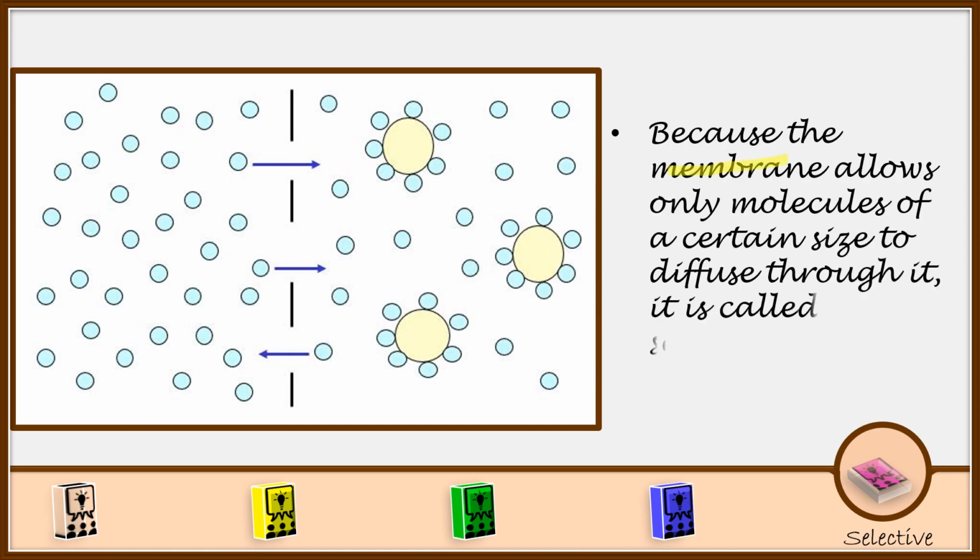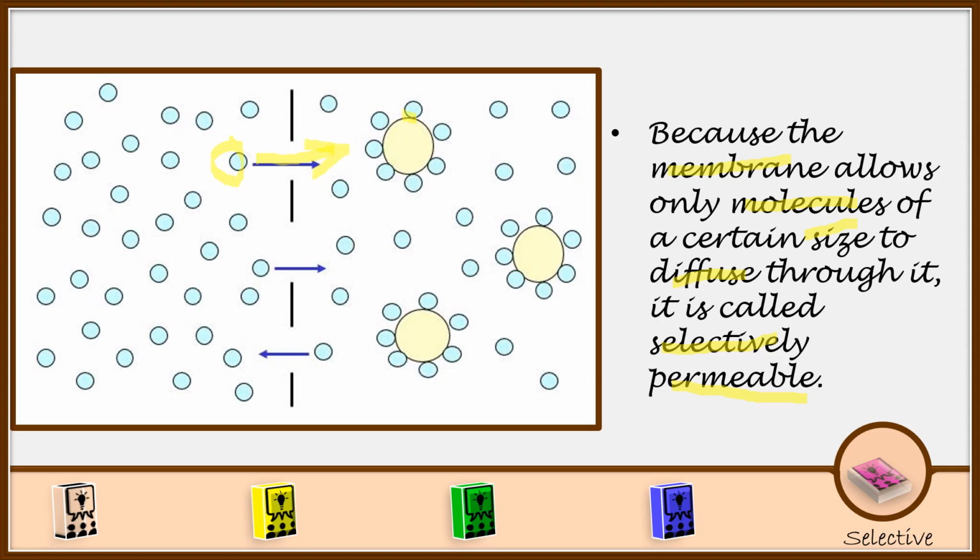Because the membrane allows only molecules of a certain size to diffuse through it, it is called selectively permeable. So here you can see that the small size will go through the pore.